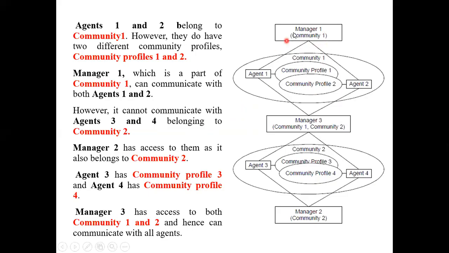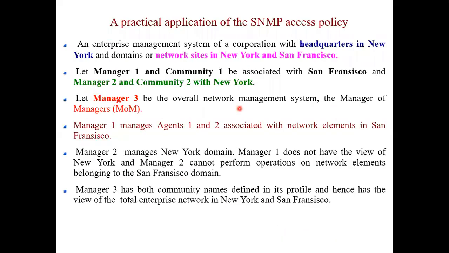So it's just by grouping or pairing the entities into a community, we have taken care in a very simple way about who can access the data. So security is present. The practical example given in your book also: suppose an enterprise management system of a corporation with headquarters in New York and domains or network sites in New York and San Francisco.